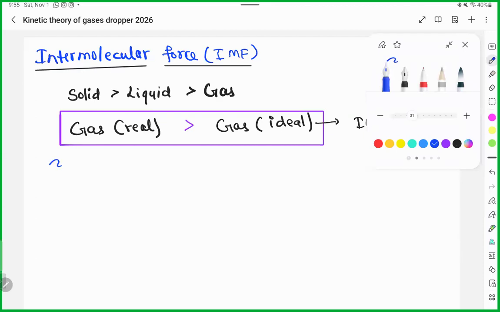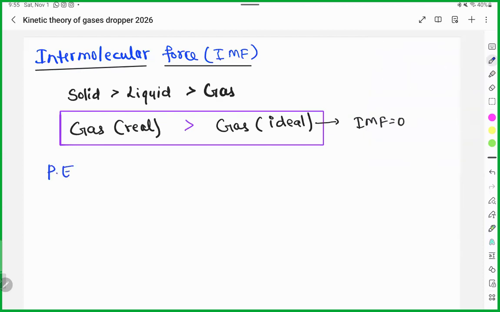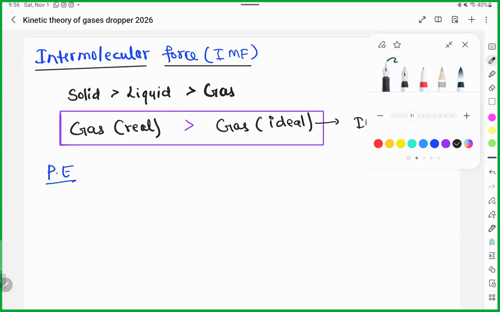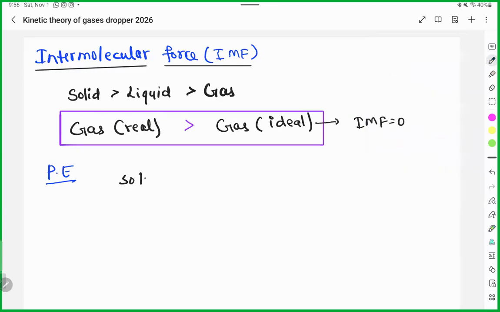Pratigya, tell me what should be the potential energy in this case? Solid, liquid, gas, real gas, and ideal gas.